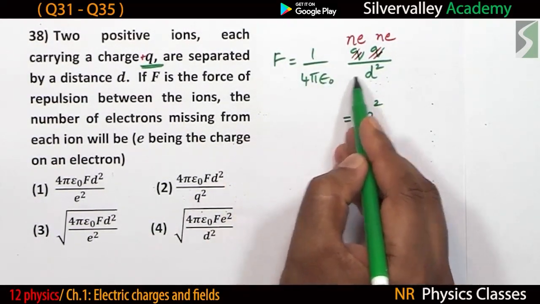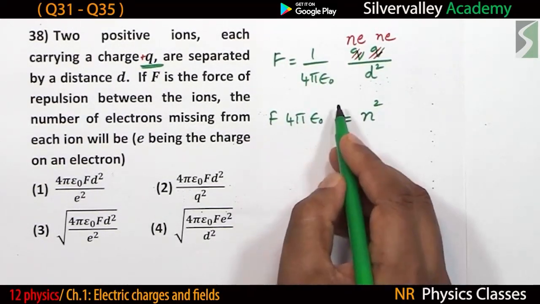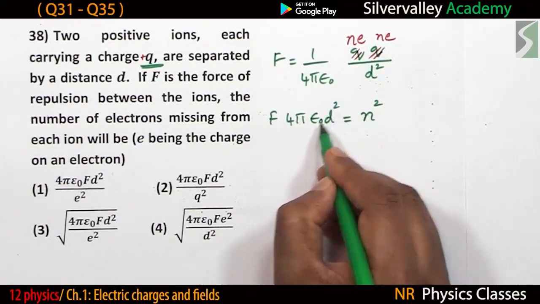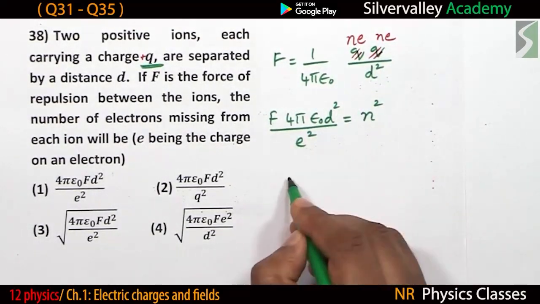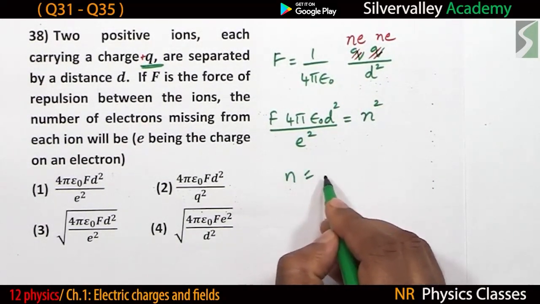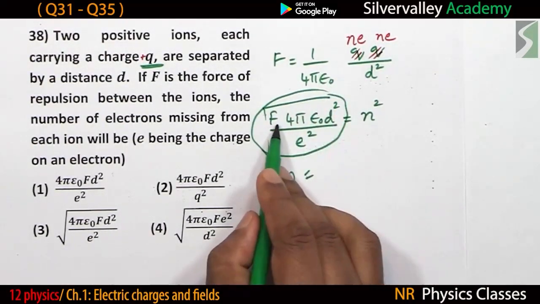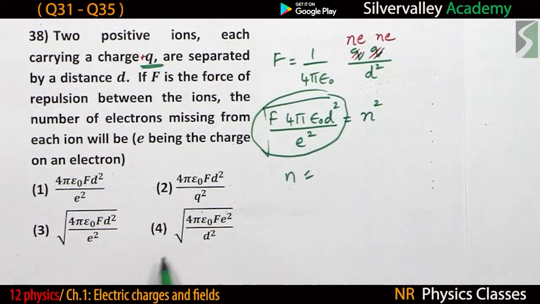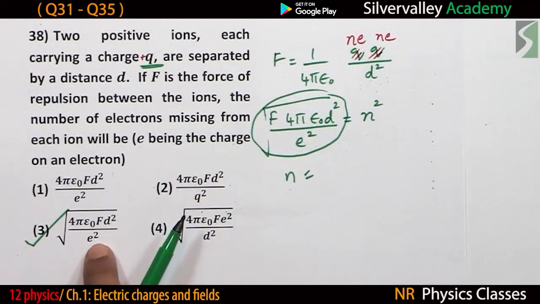F 4 pi epsilon naught d square by e into e is e square. Therefore, n is the root of this: 4 pi epsilon naught d square F by e square, under root.